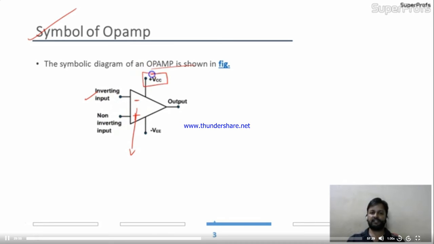Plus VCC is the working voltage given to the op-amp. We are taking output V0, and that is the gain A into (V1 minus V2). I hope it's clear to you.